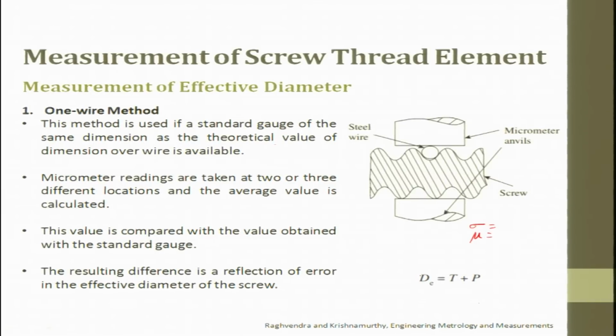So, how do we figure out this effective diameter of the screw? Here there are 2-3 parameters which I have to describe. First one is called M. M is nothing but the distance over wires. DE is the effective diameter.